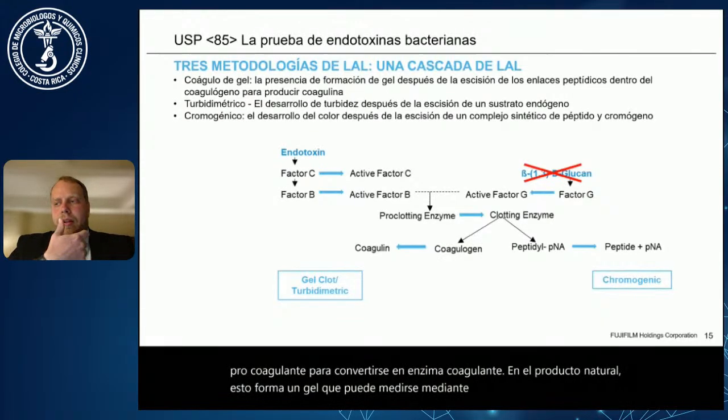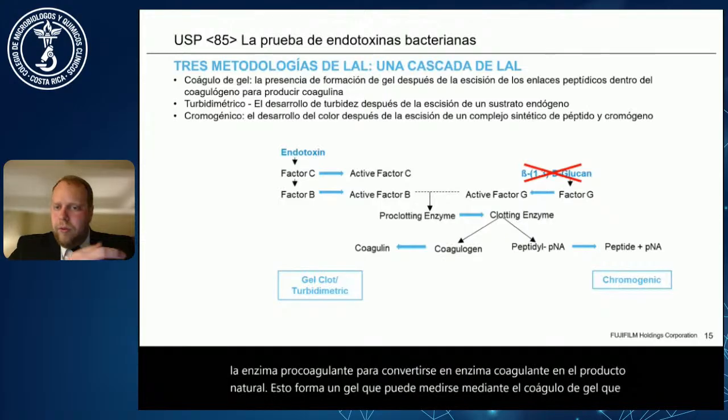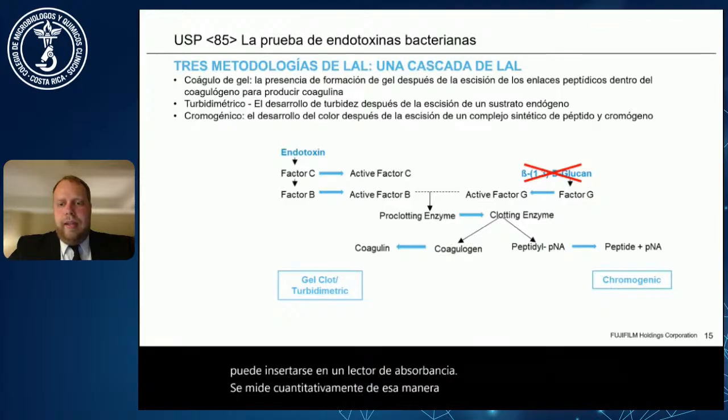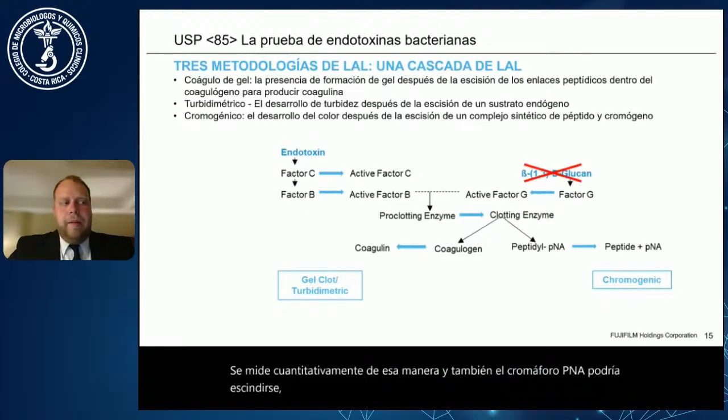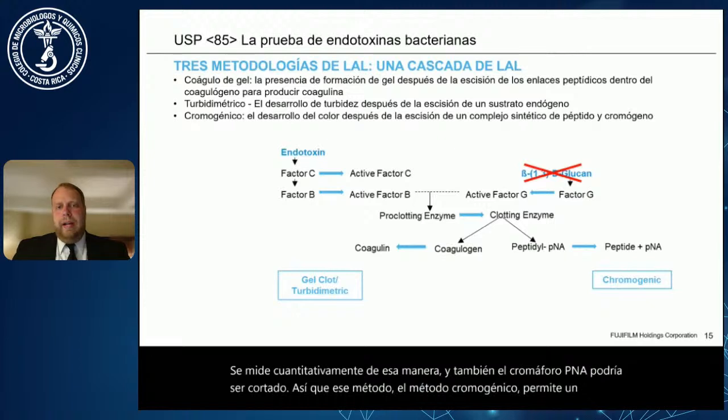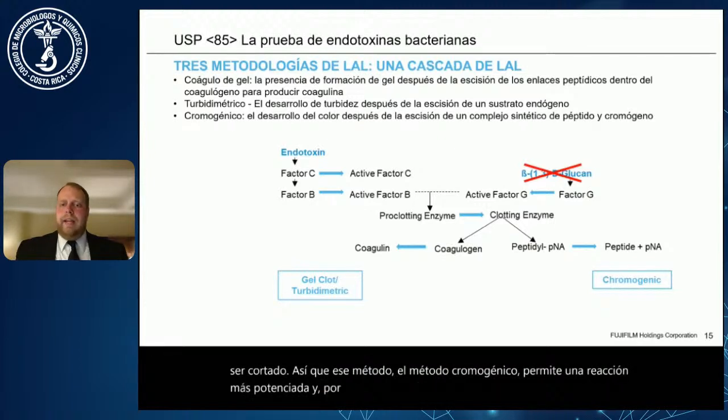That can be also inserted into an absorbance reader and measured quantitatively that way. And then also the pNA chromophore could also be cleaved. So that method, the chromogenic method, allows for a more enhanced reaction and therefore a more sensitive reagent for the bacterial endotoxin test.